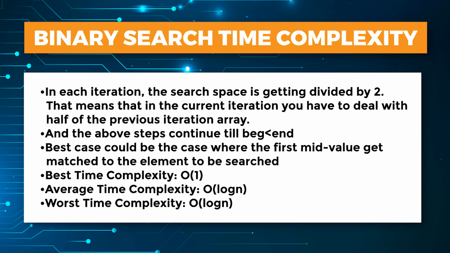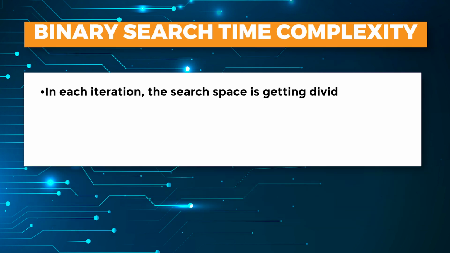There are 3 types of cases. First is the best time complexity, which is O of 1: if you get the result in the first operation, that is the best case. Average case is O of log n, and the worst case is also O of log n. So there are 3 kinds of possibility: best, average and worst cases of time complexity.